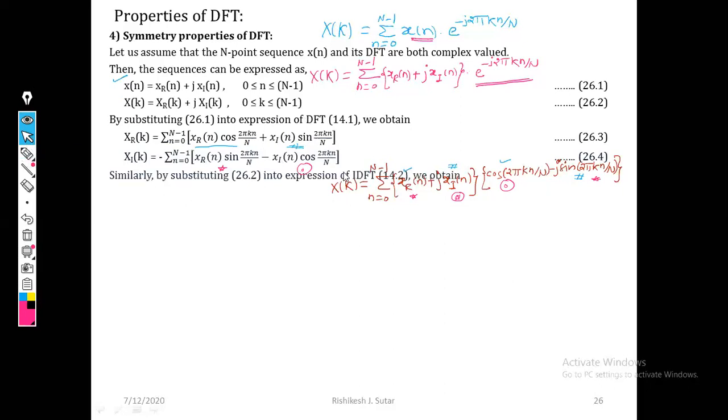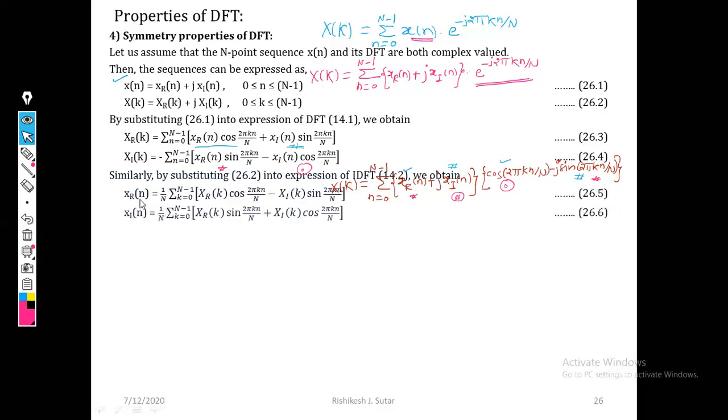So this is what we have done by considering only the first, that is 26.1. If I do the same exercise by considering 26.2, I can get the inverse DFT expressions.